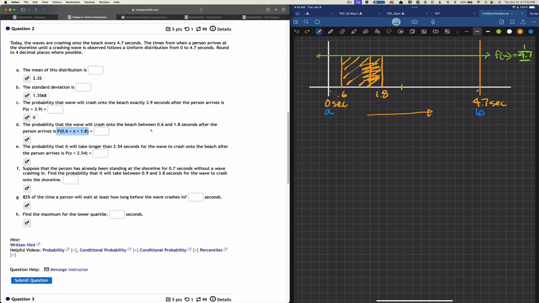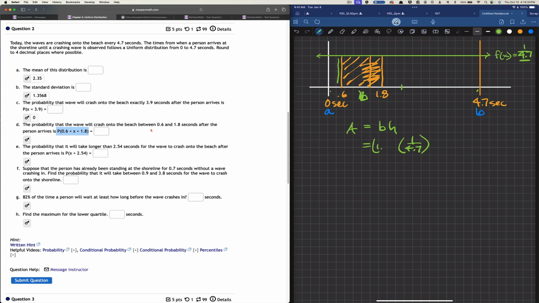And so that is the area of that rectangle. Anyway, 0.6 and 1.8. Well, it really is just the area of this rectangle. So I need this distance here times this distance here. We know the height is 1 over 4.7. So base times height. We calculated that earlier. And we need this distance here, this length, if we wish, or the base, if you prefer.